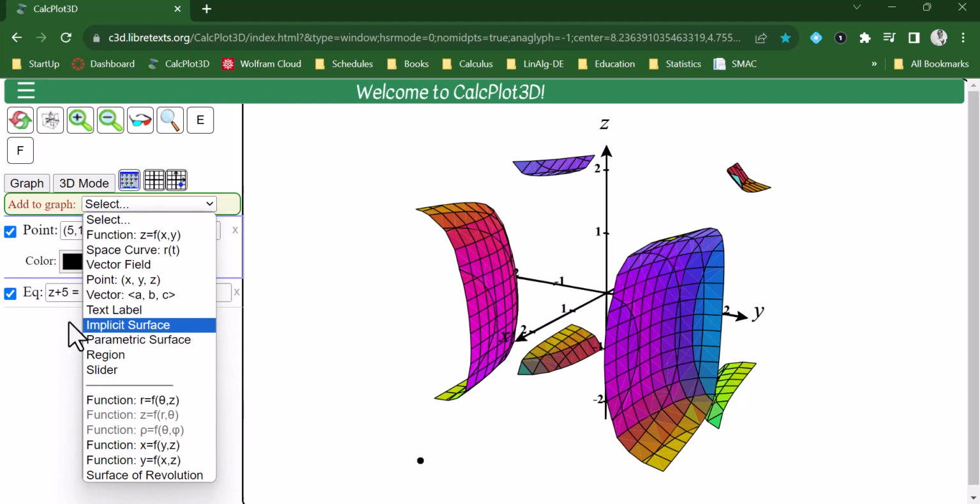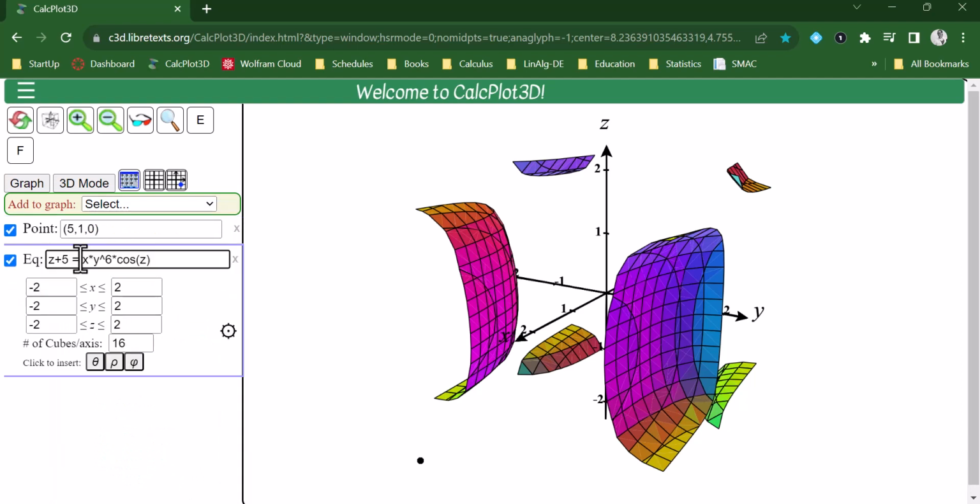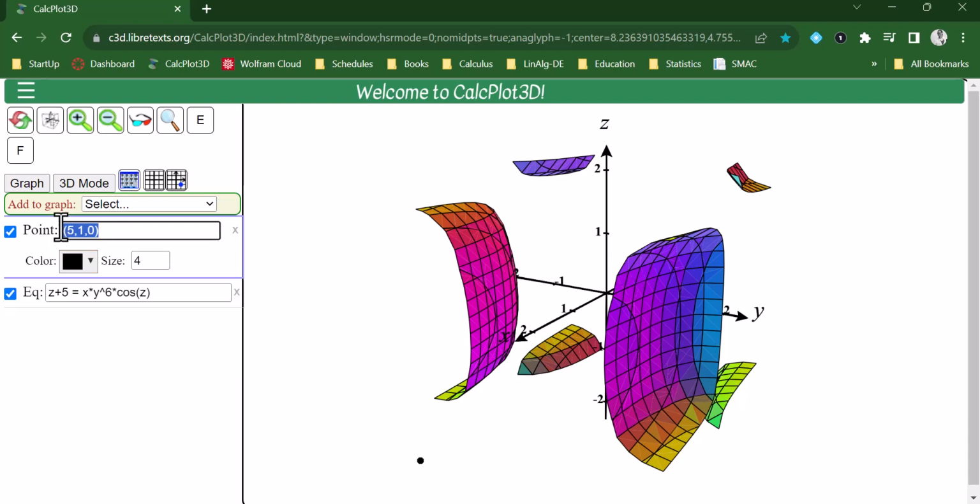So an implicit surface is a surface that is defined by an equation, so something with an equal sign, and that contains x, y, and or z, depending on the combinations. And then I throw in this point as well, the (5, 1, 0). All right, so looking at it from here, it looks like we need to zoom out a little bit because (5, 1, 0) is all the way over here. So let's zoom out.